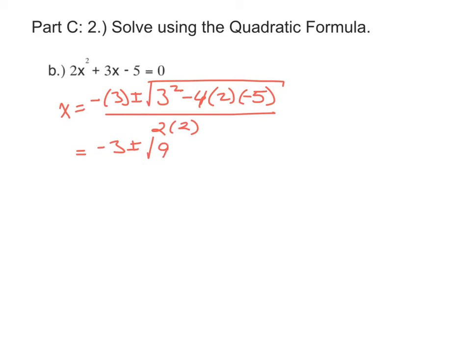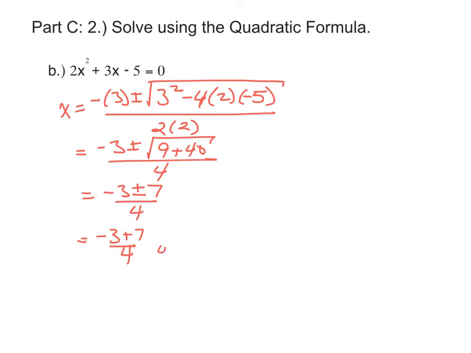Minus 4 times 2 is negative 8 times negative 5 is plus 40. Again, all over 4. So we'll have negative 3 plus or minus square root of 49, which is 7 again, all over 4. So our two answers are negative 3 plus 7 over 4, or negative 3 minus 7 over 4.